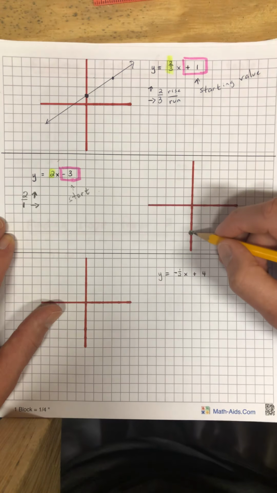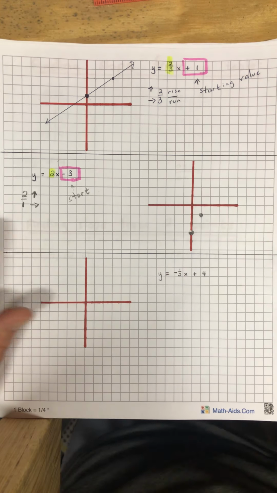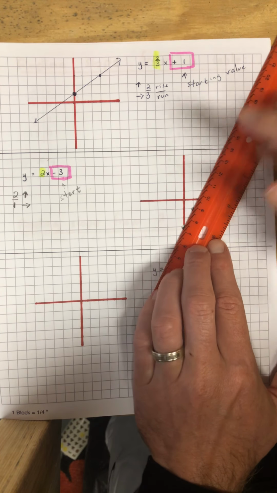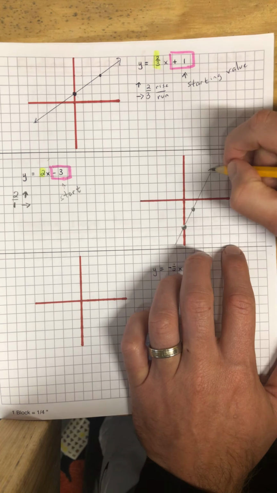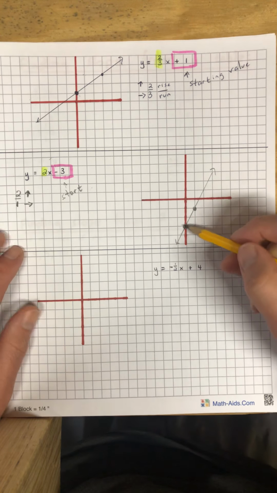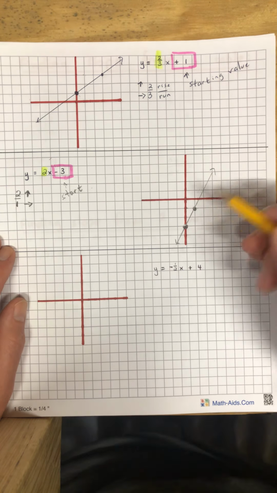I'm just going to simply count spaces. 1, 2 spaces up, 1 space over. We've got our line graphed. Simple process. Start and just count spaces. There is our second graph, y equals 2x minus 3. Start at negative 3. 1, 2, up, to the right 1.